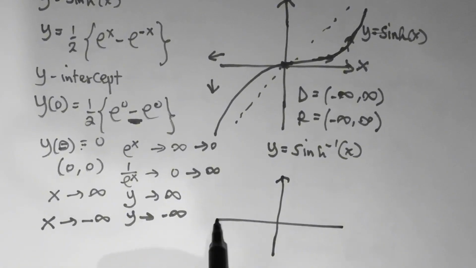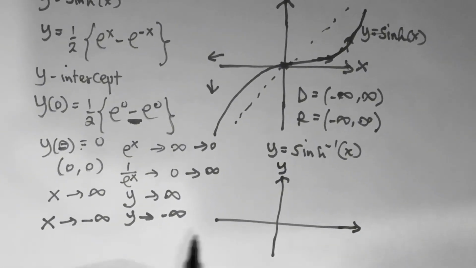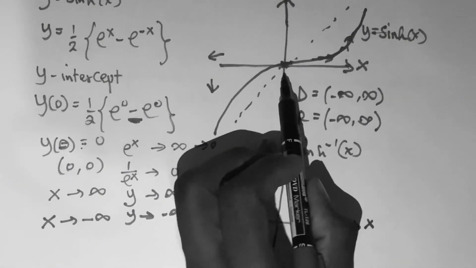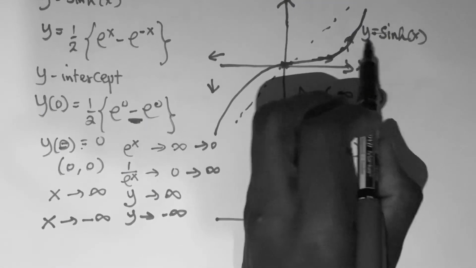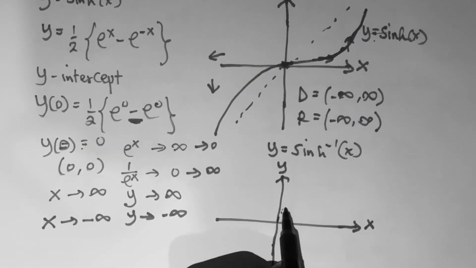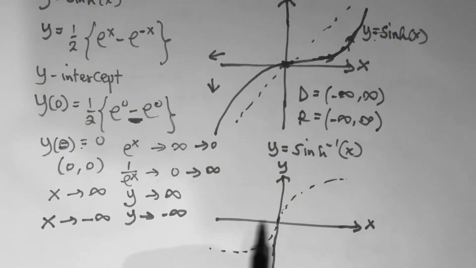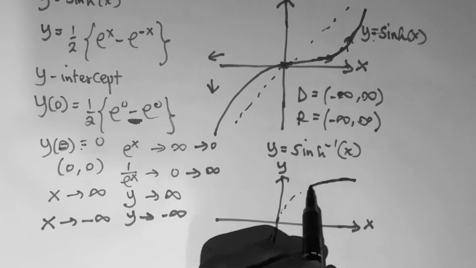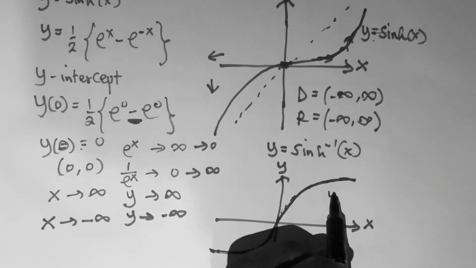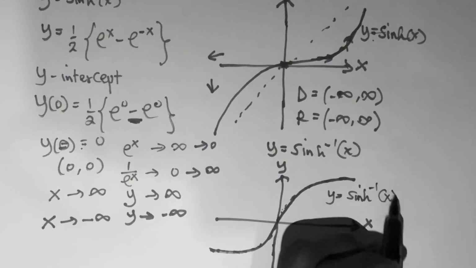Sketching this, this is y and this is x. If we reflect this, you see that this part will go this way and this part will go this way. So this is how the graph is going to look like. This is the graph of y equals hyperbolic sine inverse of x.